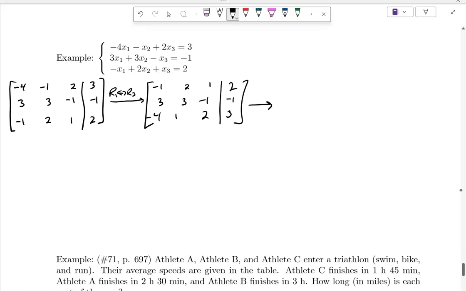Because now to get a 1 in the upper left-hand corner, what do we need to do? I'm going to change that negative 1 into a 1. Yeah, just multiply by negative 1, right? So I get 1, negative 2, negative 1, negative 2. And the other 2 rows stay the same.